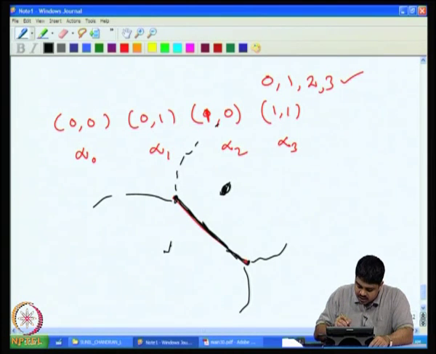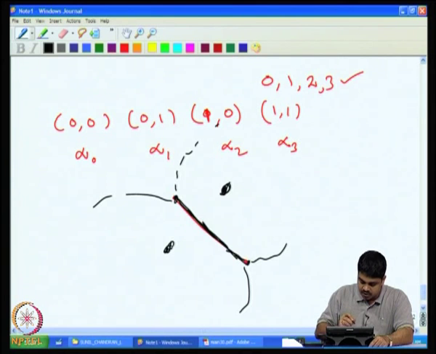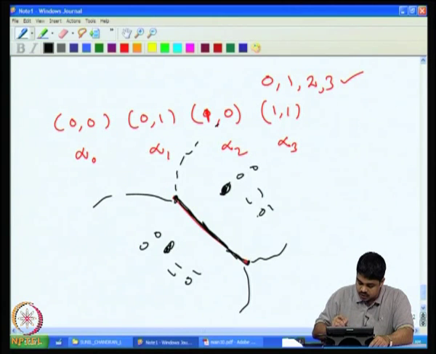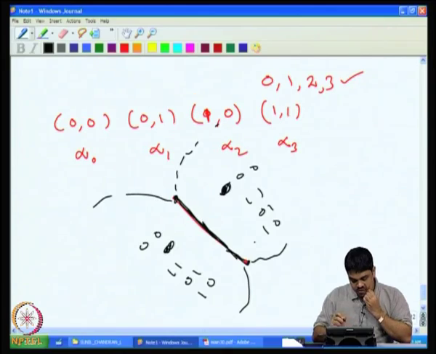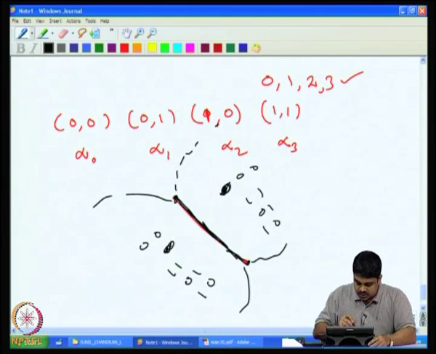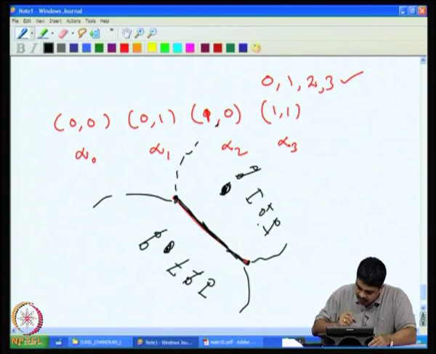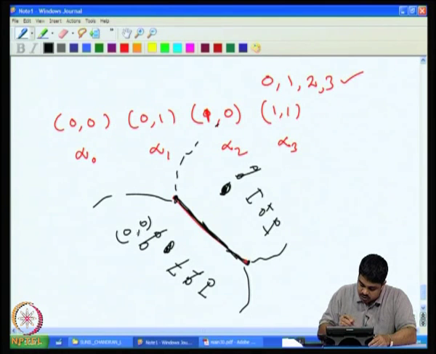So, therefore, the color here and the color here are different, so it is not possible to have 0 0 and 0 0, or 1 1 and 1 1 combination. The point is to add the 2 colors. For instance, if this is 0 0 and this is 0 1, we will add the 2 colors.